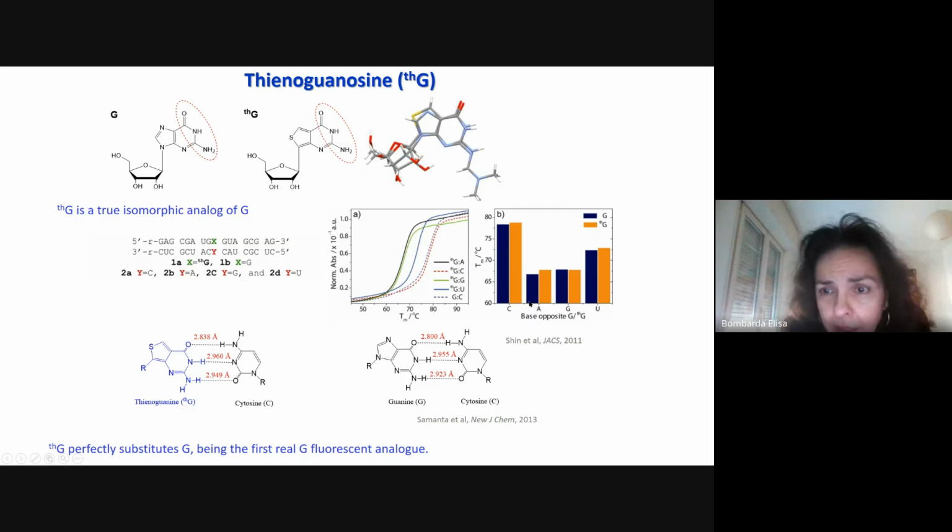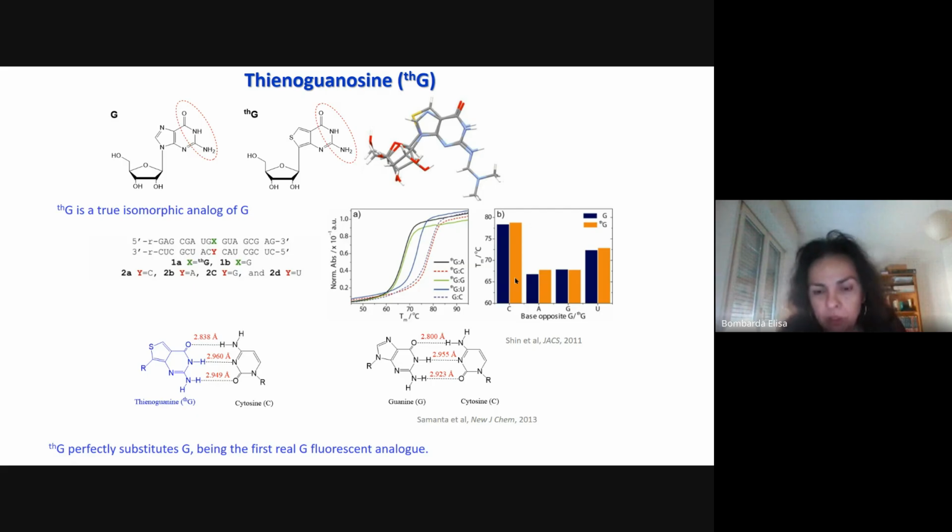And if you compare the melting temperature, which is a signature of stability, because it indicates the temperature at which you unfold the sequence, the higher this temperature, the more stable your sequence is.